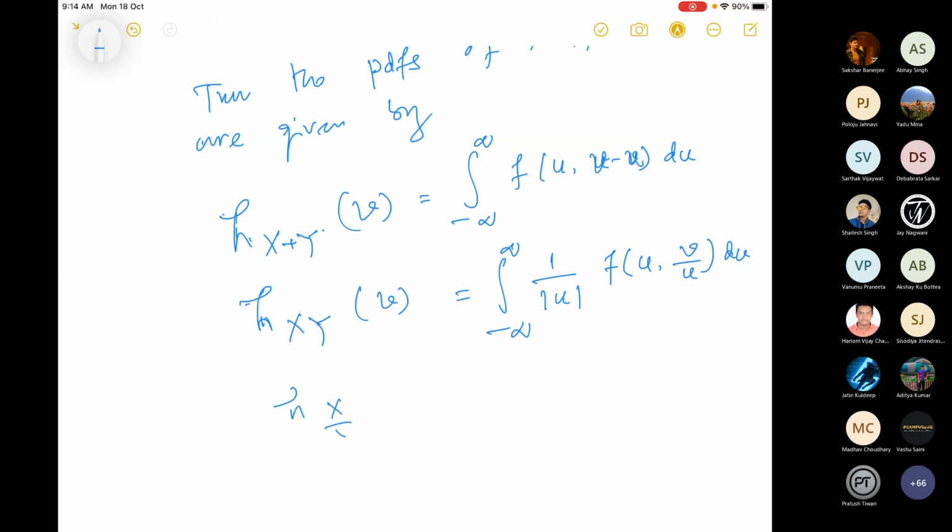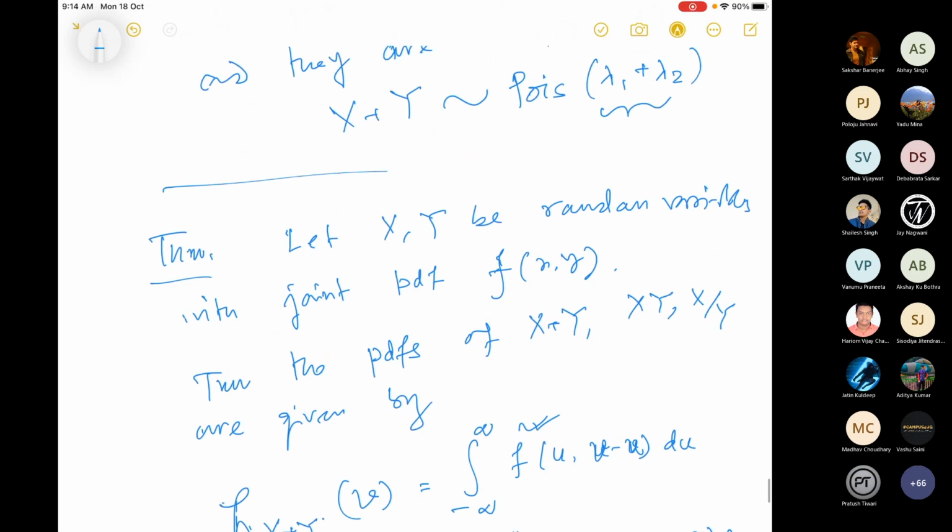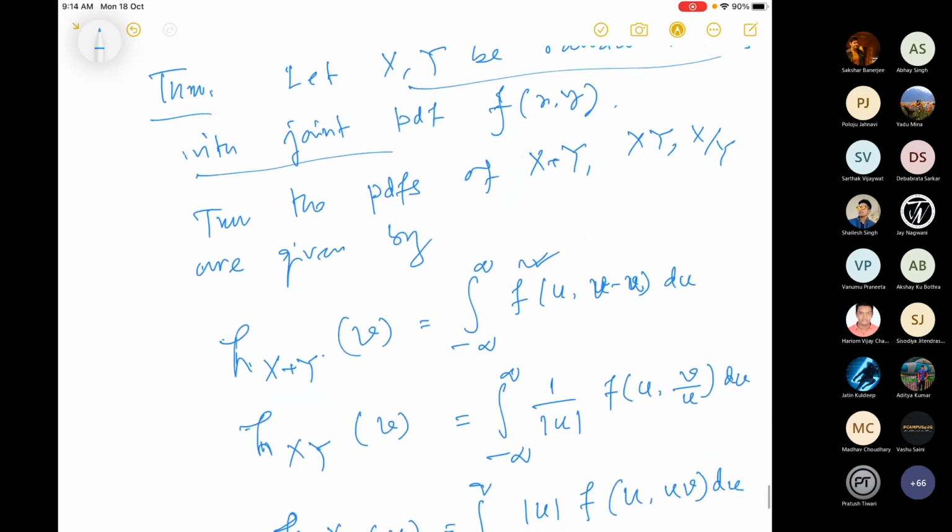And for x divided by y, it is the integral from minus infinity to infinity of mod of u times f of u, uv, du, which you have calculated above. So these are the formulas. Once you know the f, you can compute this. This is valid whether it is independent or not. If you know the joint PDF, then you have these formulas to compute the PDF for the addition, the multiplication, and the division. These are very standard functions of x and y, and those are useful.